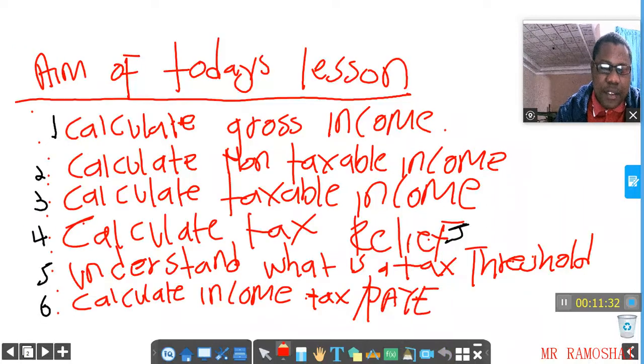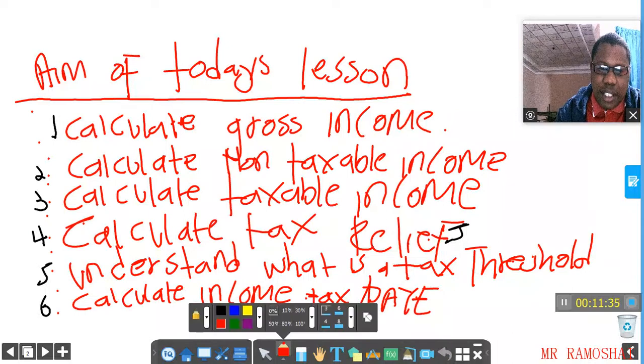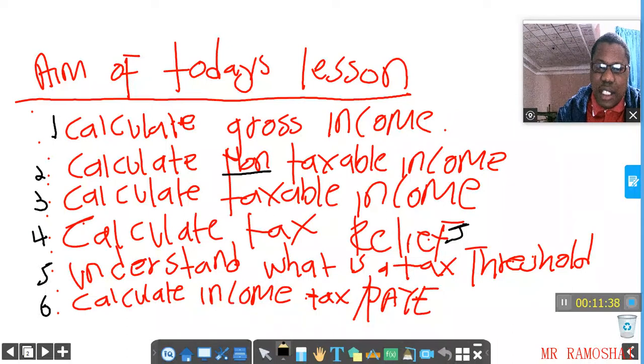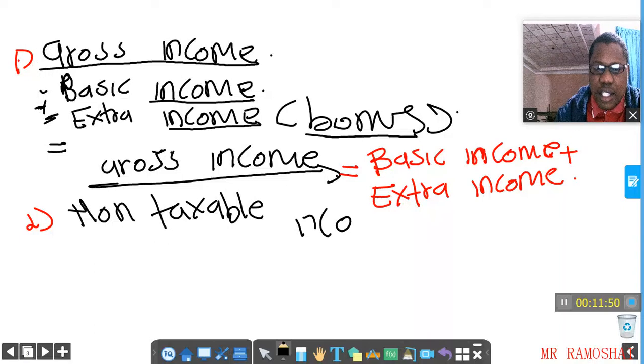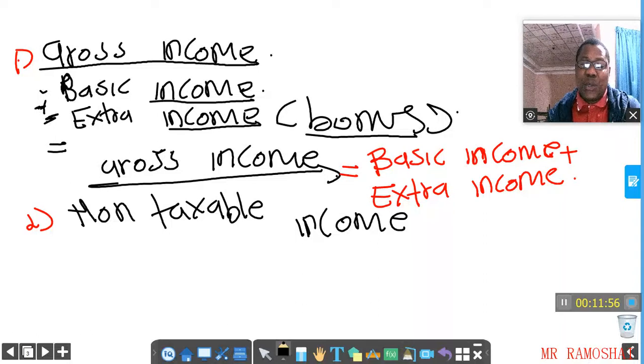This was number 1. Right, let's go to number 2. On our list here, the second concept is the non-taxable income. Self-explanatory.